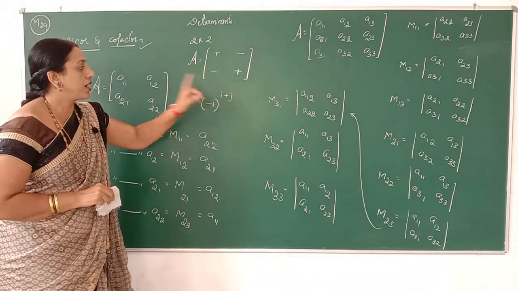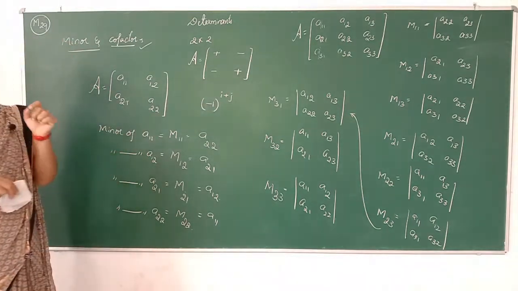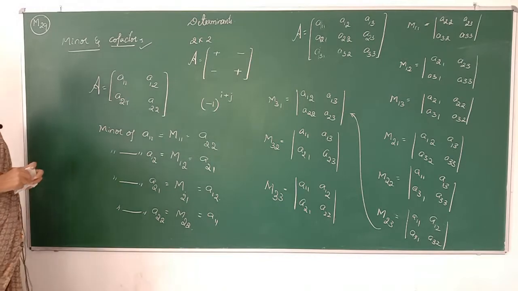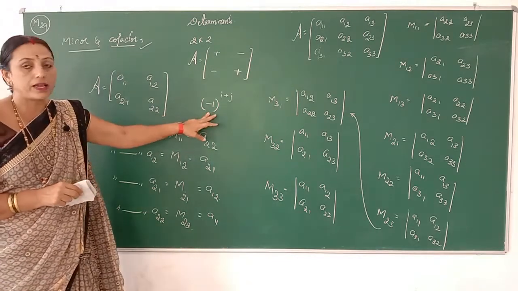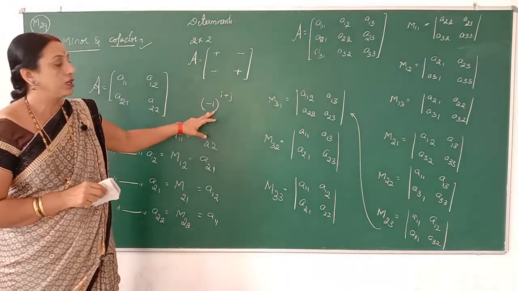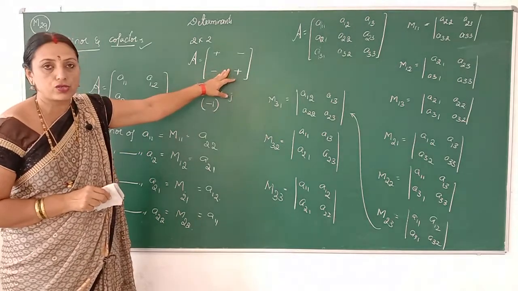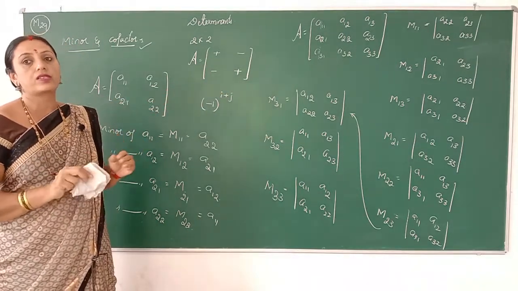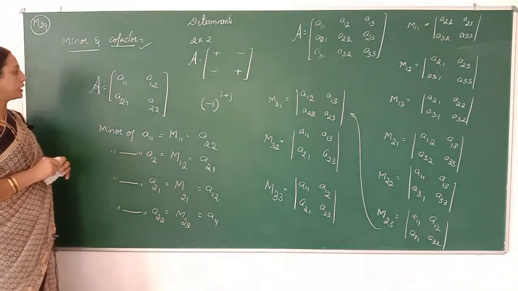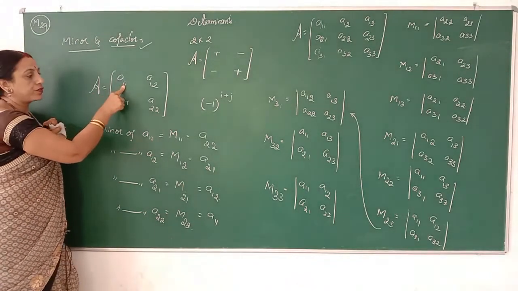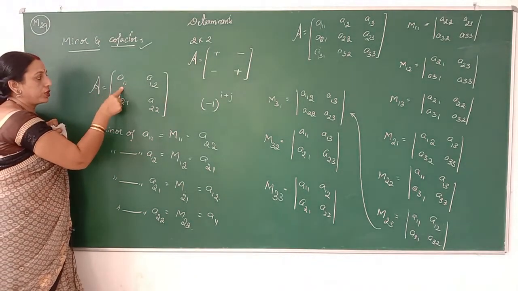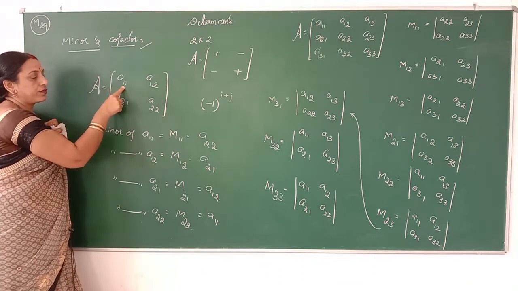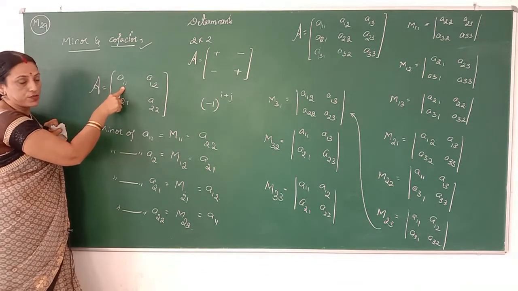Here i and j represent which row and which column the element is in. This was already explained in the first class on determinants. So what are the signs of the 2 cross 2 determinant and of the 3 cross 3 determinant? Take the first element of the 2 cross 2 determinant, A11.